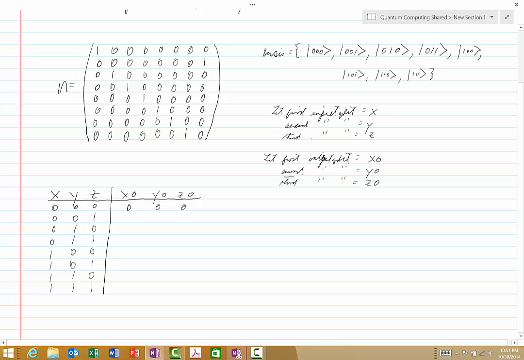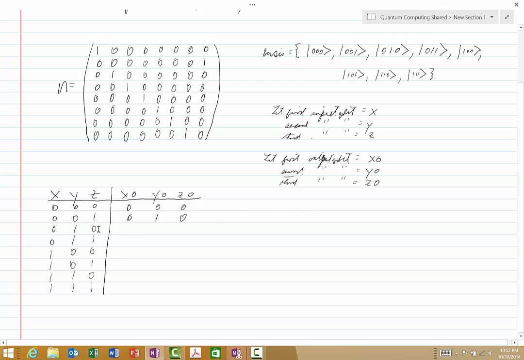So far, so good. Now the second column is the image of 0, 0, 1. And notice that this second column corresponds to the vector that we associate with the 0, 1, 0 state. So 0, 1, 0 is our output here in the second row.